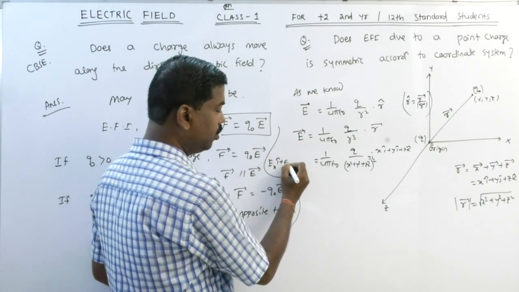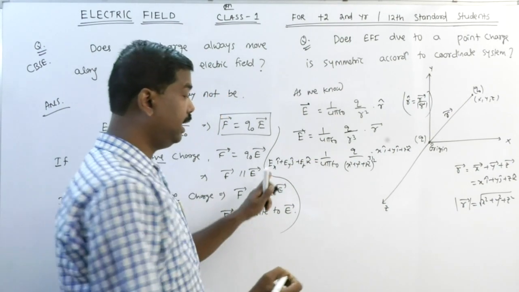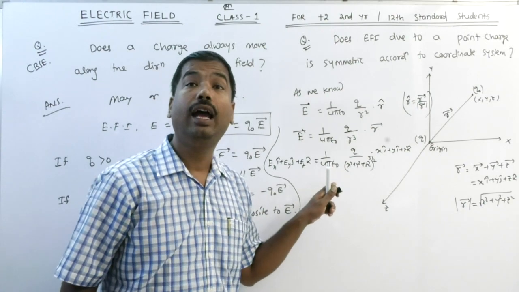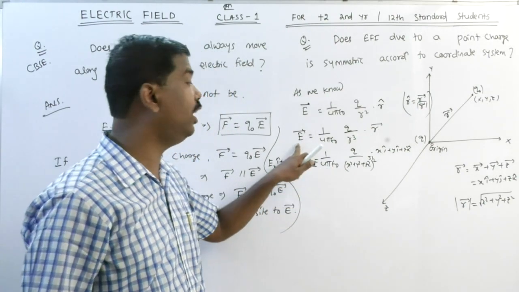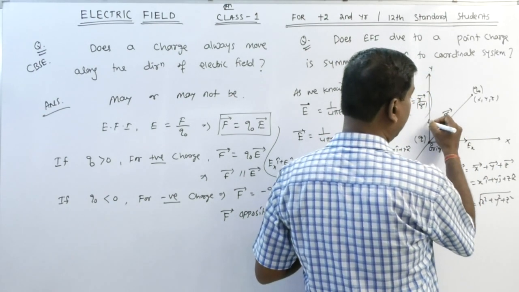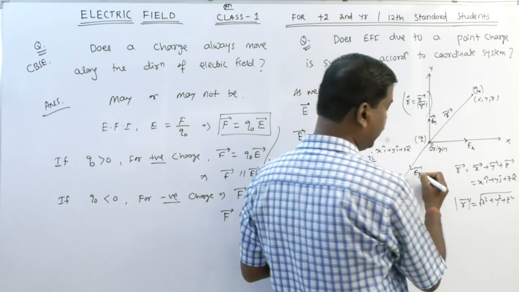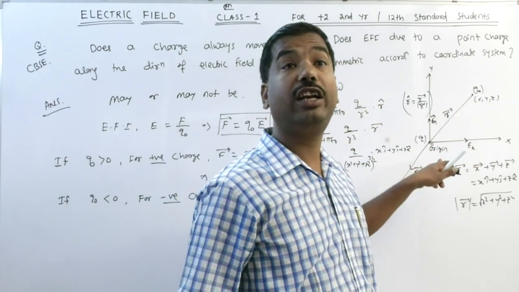Even instead of E vector, if I write Ex i cap, Ey j cap, Ez k cap, then Ex, Ey, Ez are the x, y, z components of the electric field. It means along the x-axis there is a component Ex, along y there is Ey, and there is Ez. These are the three components of the electric field.